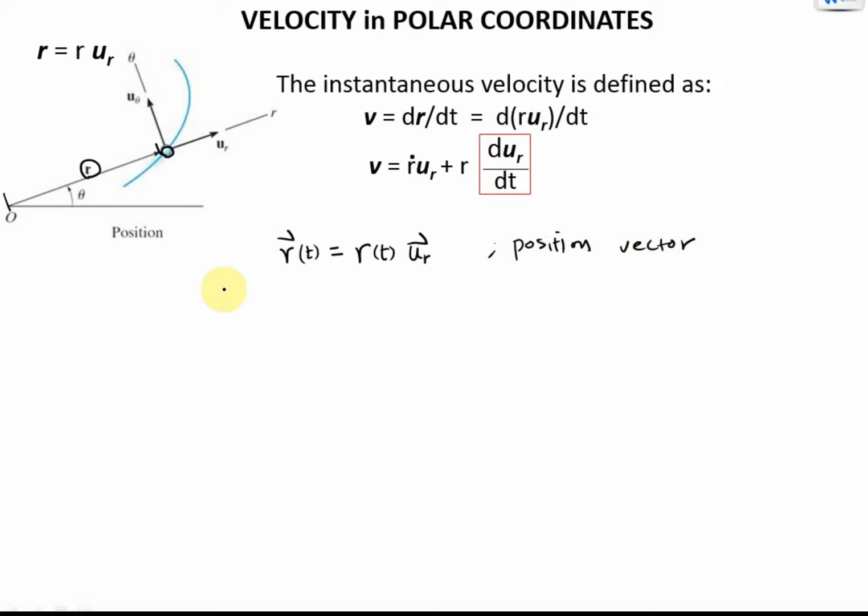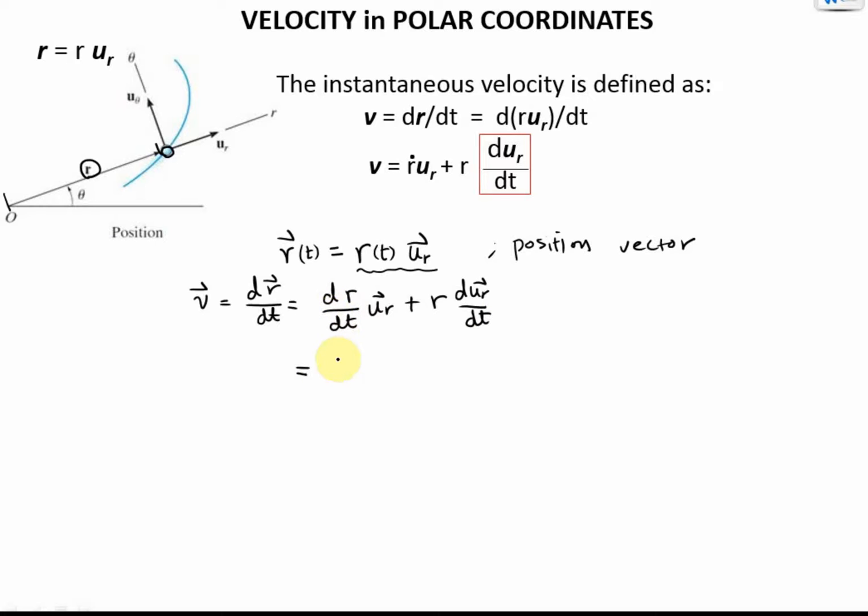Then how about the velocity? Velocity is dr over dt. Now we have two terms here, so first I want to take dr over dt times ur, plus r times dur over dt.